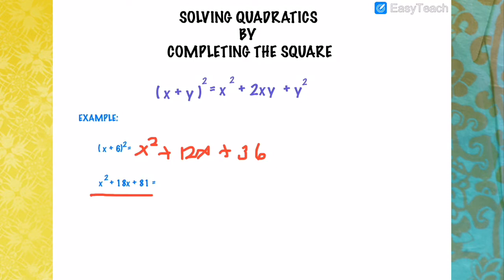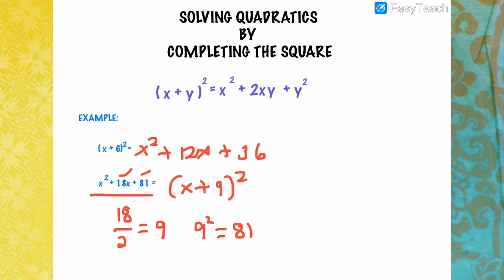So we take the middle term, 18, we divide it by 2, that will be 9. And when we square 9, that should give us the last term of the trinomial, which is 81. Therefore, the factor of x² + 18x + 81 into a perfect square binomial would be (x + 9)².